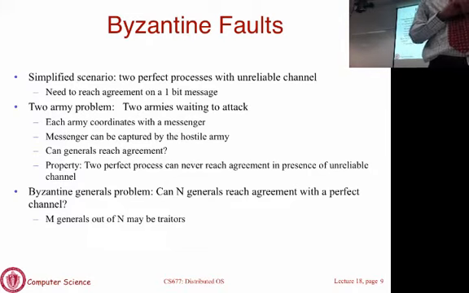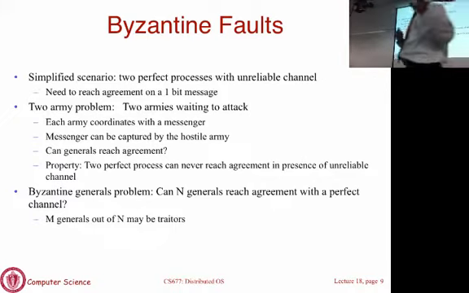That messenger may reach the other end, and now that general knows that I know that they know. But then how does the first one know that the acknowledgement of the acknowledgement was received? Because anything can happen in transit, the message may never reach. So you can keep sending acknowledgements of acknowledgements, but you are never guaranteed that the final acknowledgement was actually received.